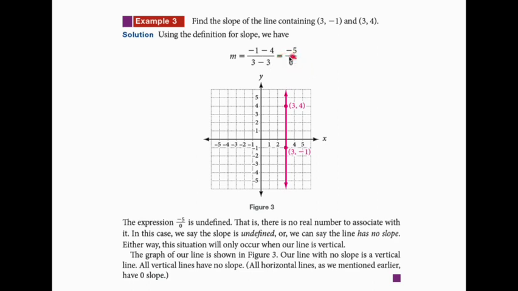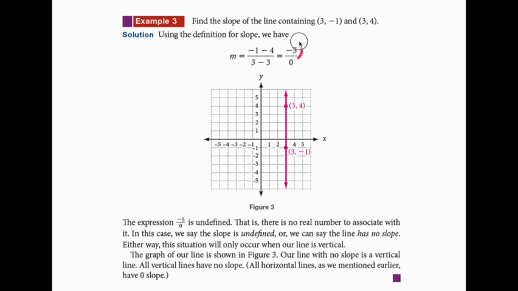And we all know when we get a 0 in the denominator, that is not defined because there is no number that I could take times 0 and get -5. However, if I had 8/4, that's equal to 2 because I can take 2 times 4 is equal to 8.